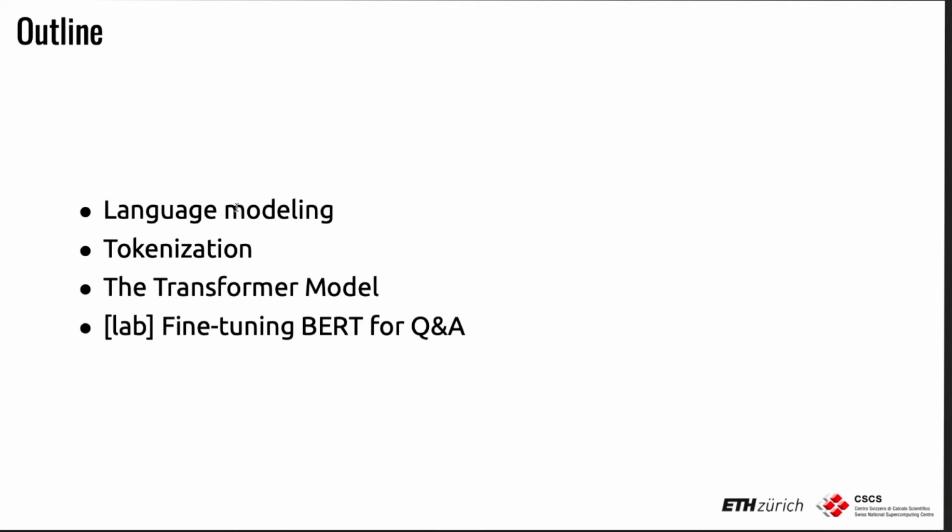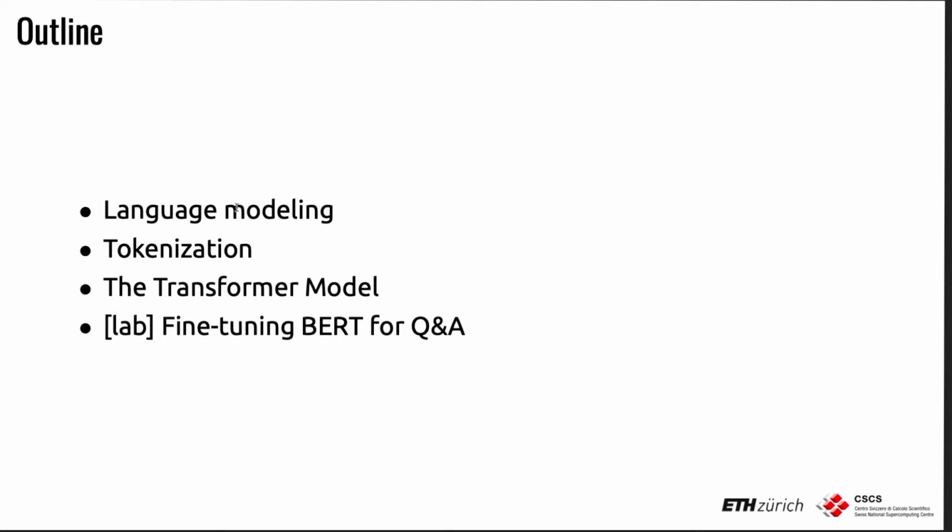Today, as I mentioned before, we are going to see what a language model is, independent of transformers, just what it is. Then we're going to talk about tokenization, that is an important step in order to be able to feed data to language models.